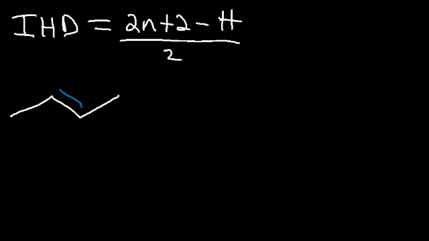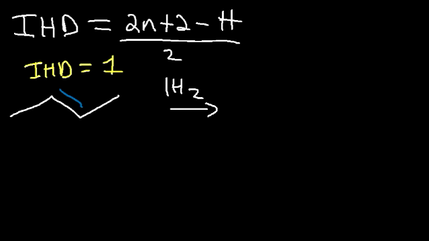So the IHD for a double bond is 1. We can react 1 hydrogen molecule, or we can add 2 hydrogen atoms, to reduce this to an alkane. The IHD of a triple bond, or an alkyne, is 2.